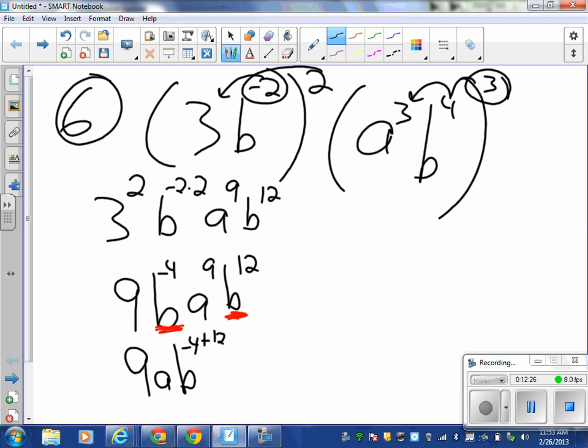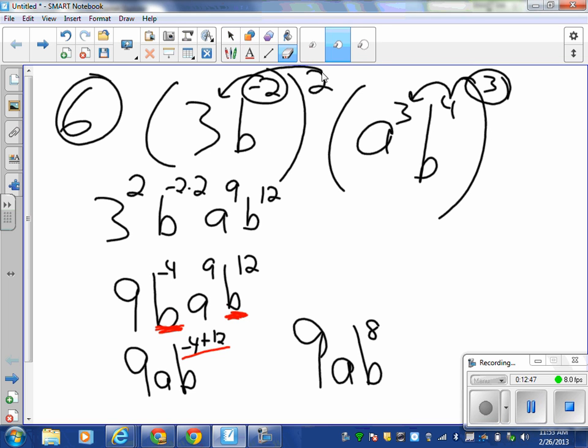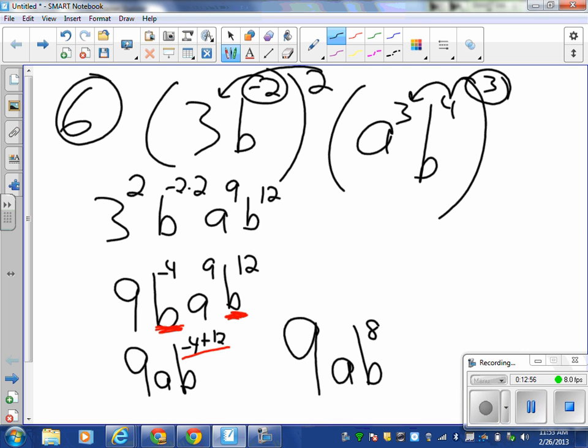My last step is I need to add those numbers together. And my final answer will be 9 a b to the 8th power. Raise this a little bit, kind of from the line. 9a b to the 8th power.